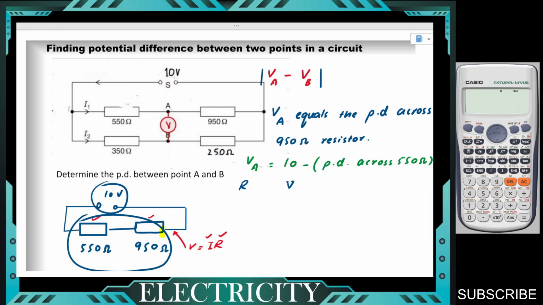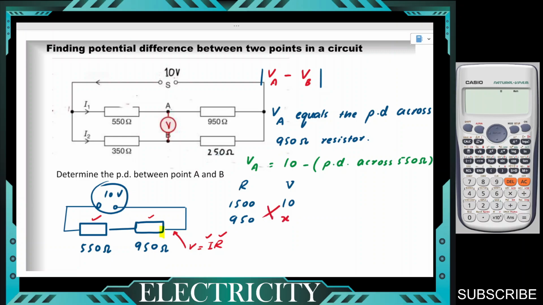So for the resistance, if I add both of them, I get 1500. So 1500, the voltage across 1500 ohm is 10 volts. And if you need to find the voltage across 950 ohm, that would be X volts.